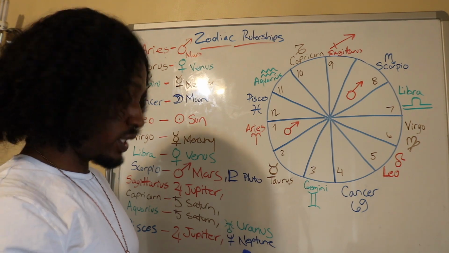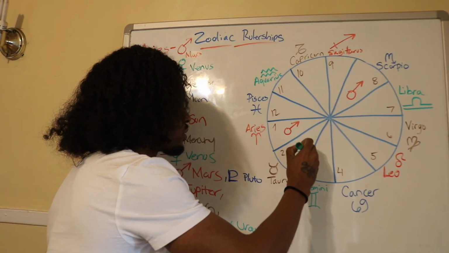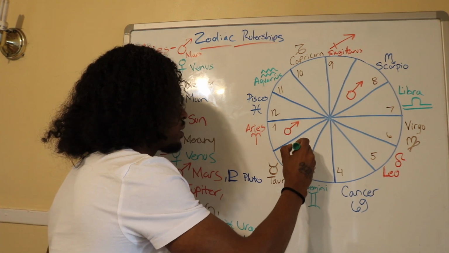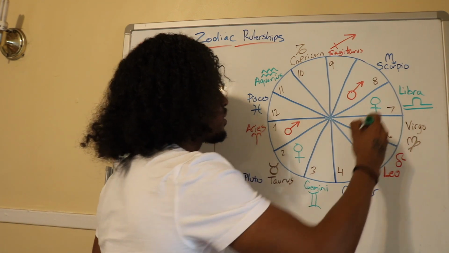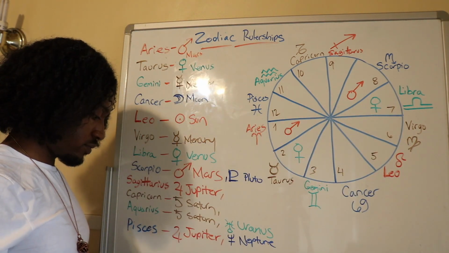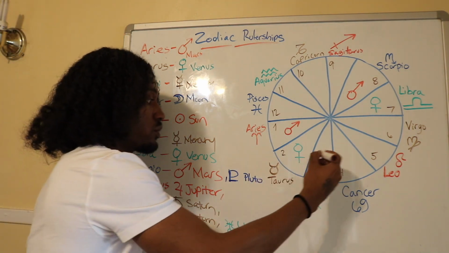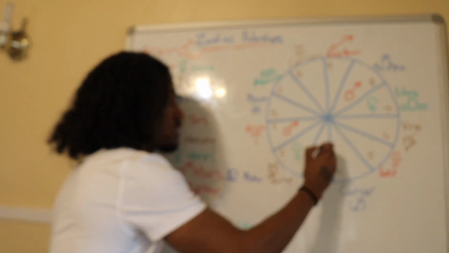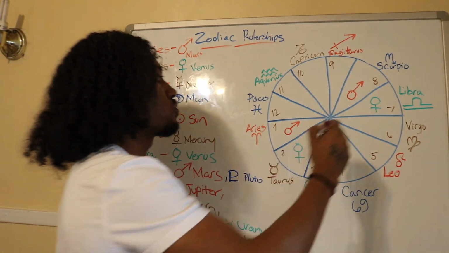Now, Venus, if you can see this, Venus rules over Taurus, right? We got Venus over here, and it also rules over Libra, right? Now, Mercury, right? We said Mercury is going to rule over Gemini, and it also rules over Virgo.